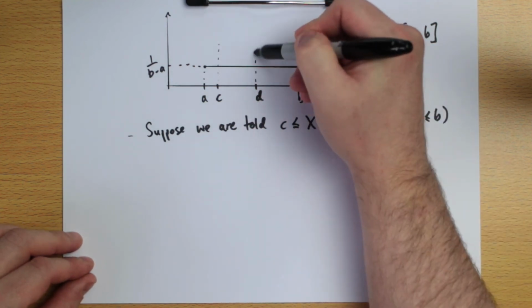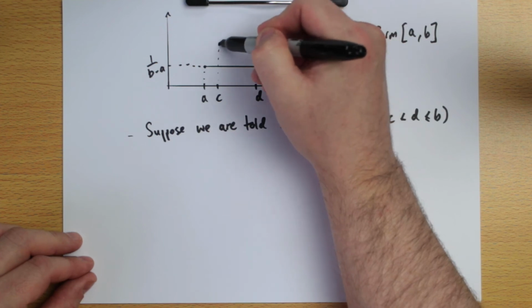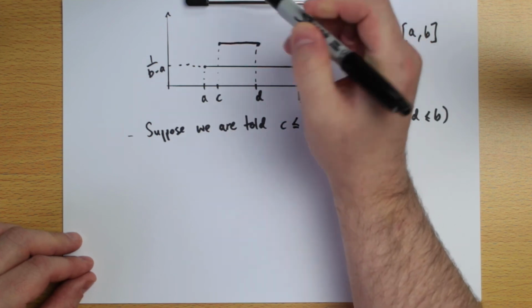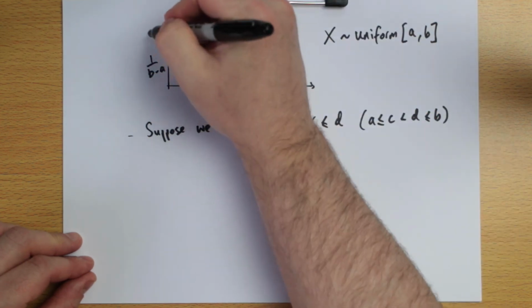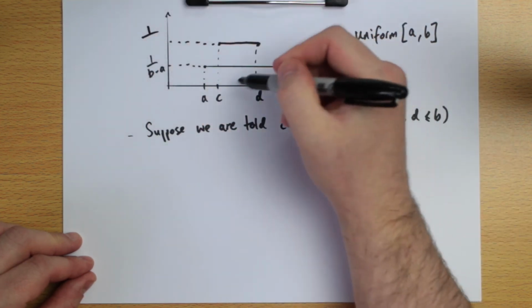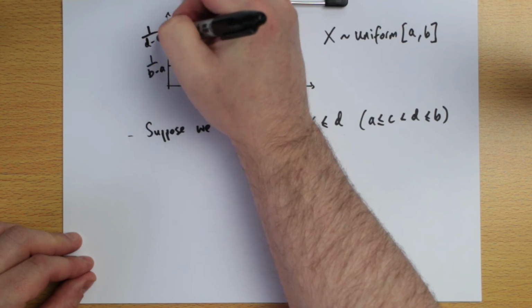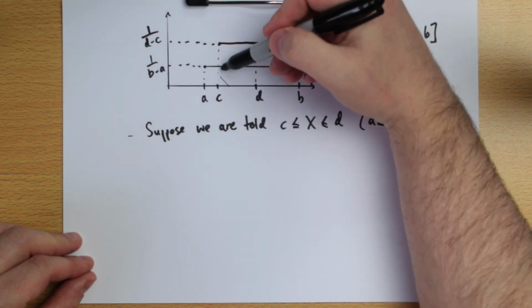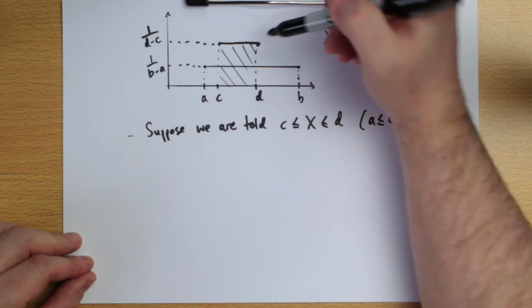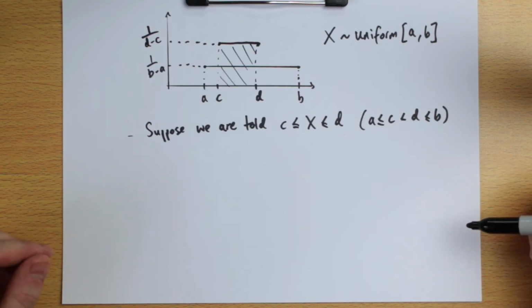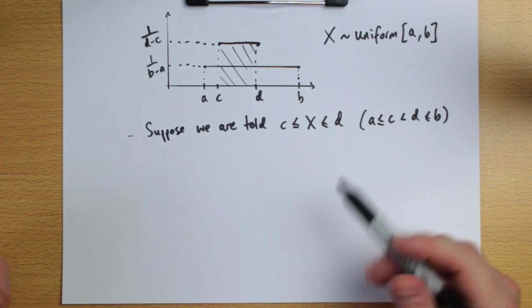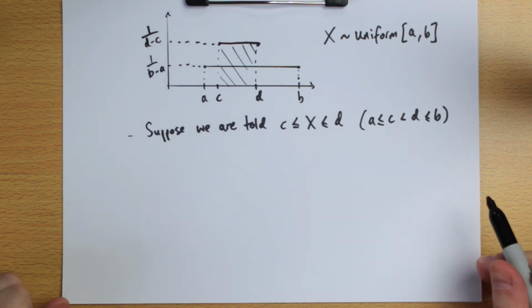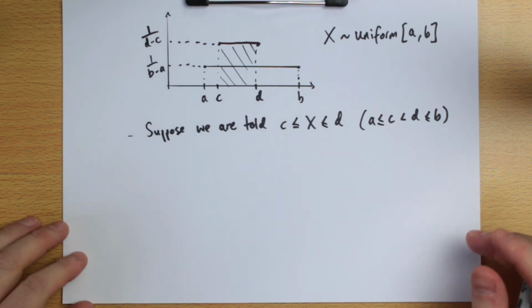So we essentially just form a new uniform random variable with this density function, and this height is obviously 1 over d minus c. So that there is now area 1 under the new density function that we've updated from the initial one. Updating these continuous uniform random variables is a very simple task.